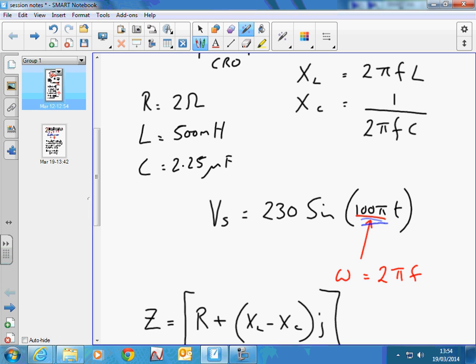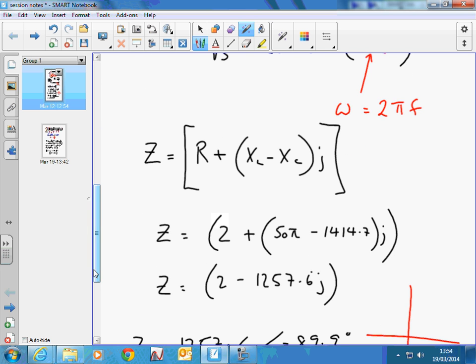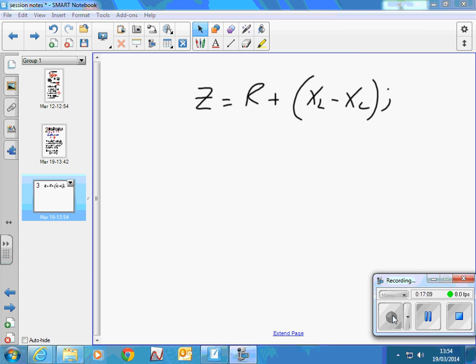What we need to do now is to find out what's the natural frequency of this circuit. So let's focus on this, because that's going to help us work out the natural frequency of the circuit. So Z, which is the total impedance of the circuit, is given by this function here. Let me just rewrite this function and we'll have a look at it. So there it is.